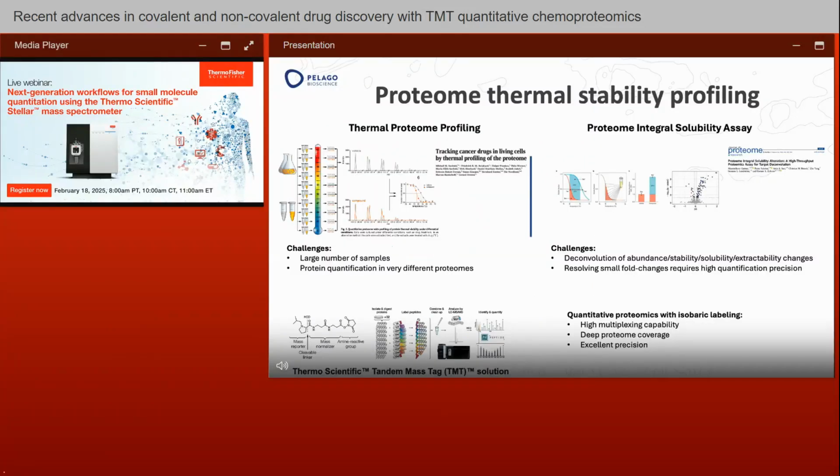CETSA can be applied for target deconvolution studies in different ways. In 2014, Mikhail Savitski combined isobaric labeling quantitative proteomics with CETSA, enabling thermal proteome profiling. The method allows identification of compound-induced thermal stability changes for thousands of proteins simultaneously. While being a very versatile and powerful tool, there are several challenges in applying TPP for real-life target deconvolution problems.